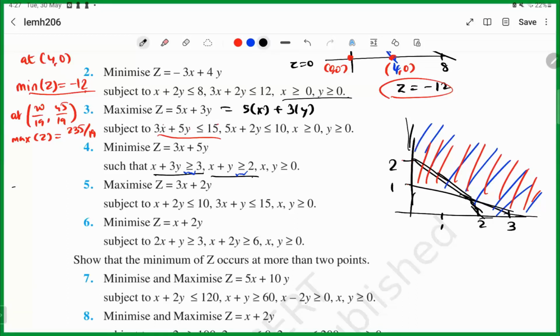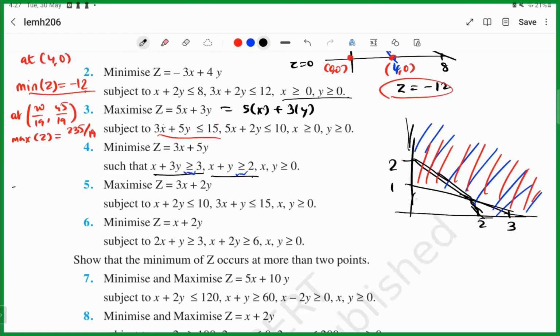It's a bad idea. So let's say y is 2 by 5 and x is 0.